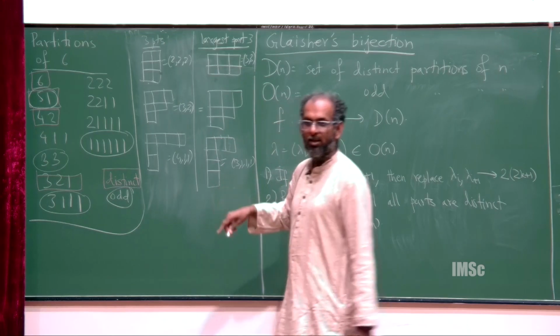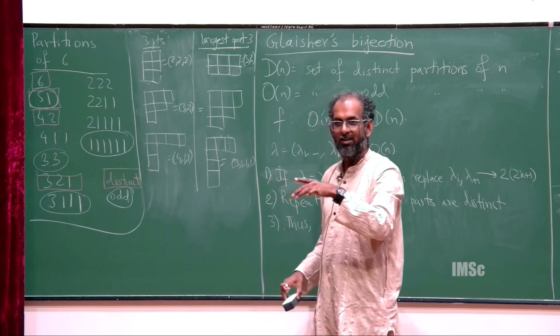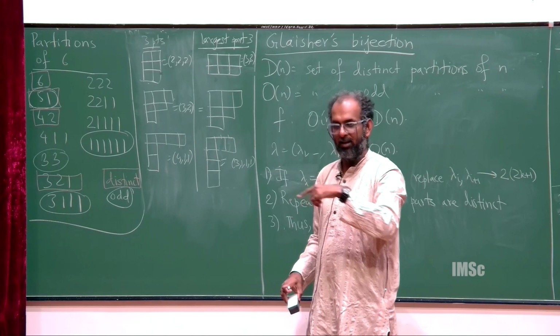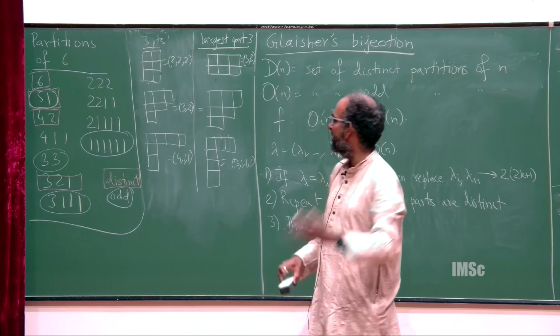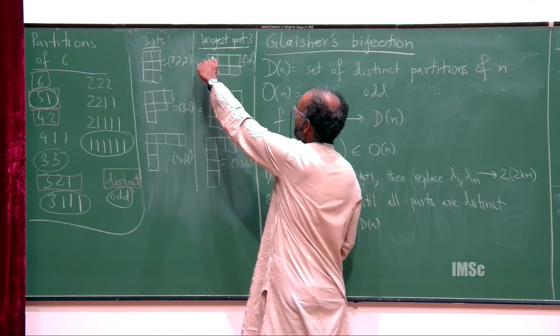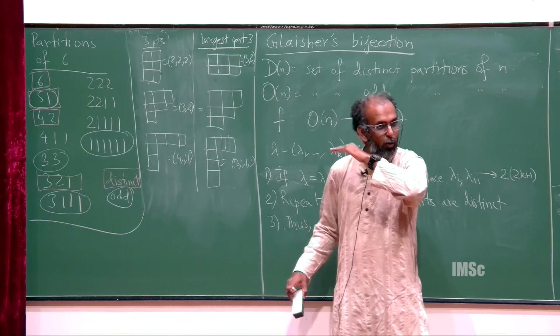So what are you saying? Here in that largest part 3, let me just draw all these things. We were just counting the rows. If you take into account the columns, we will be getting that. So what she's saying is, here we read 3, 3. We counted how many boxes are there in each row.